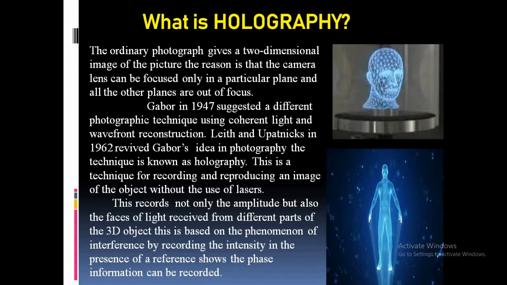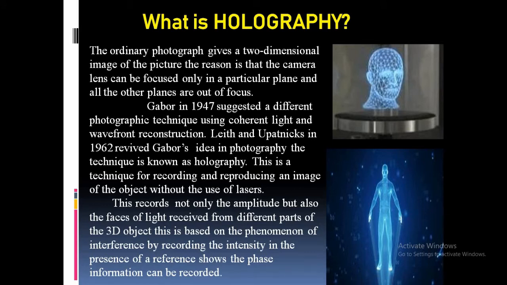In the year 1947, Gabor first suggested this type of new technique of recording information on a photographic film. In 1962, Leith and Upatnieks revived Gabor's idea in photography, and this technique was then termed holography.